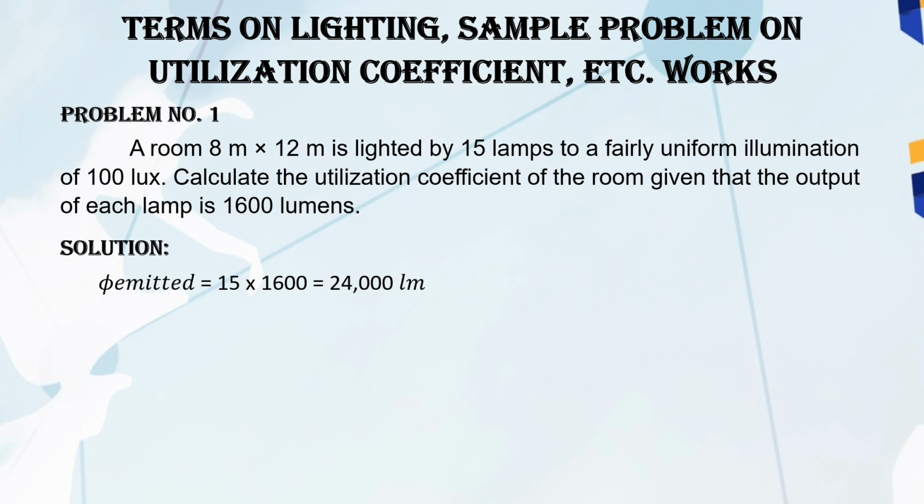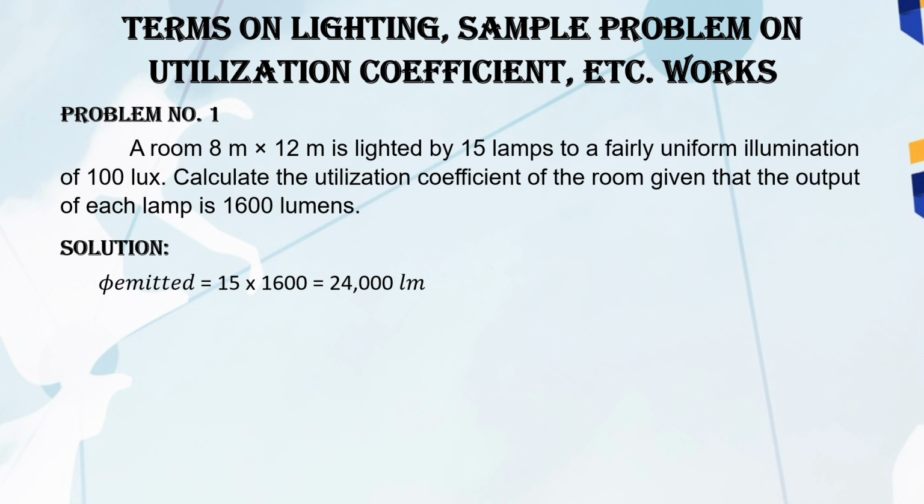So, therefore, ang 15 lamps i-multiply nato sa 1,600 lumens. So, 15 multiplied by 1,600 is equal to 24,000 lm. Mao ni siya ang value sa luminous flux emitted.